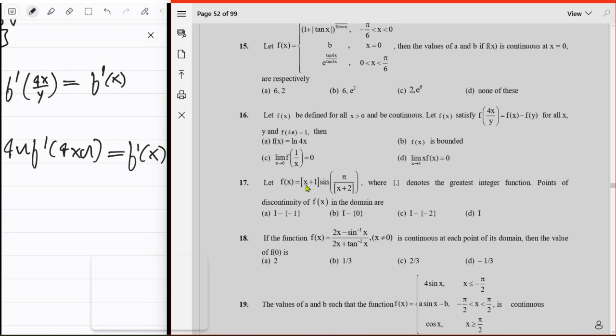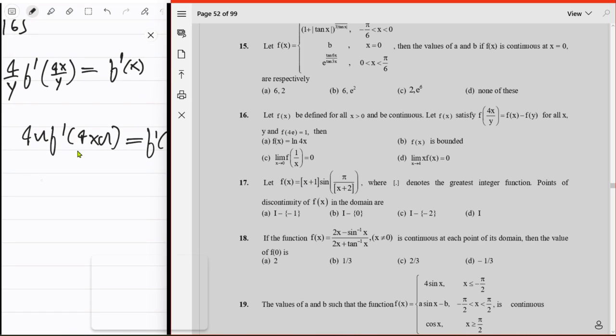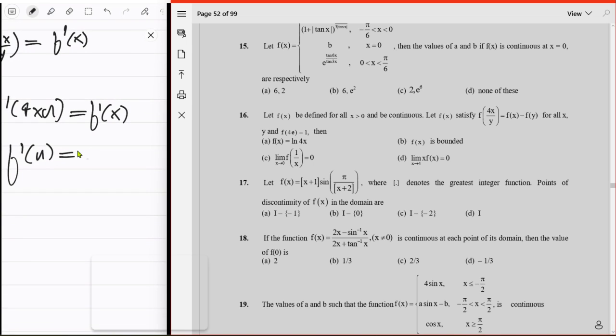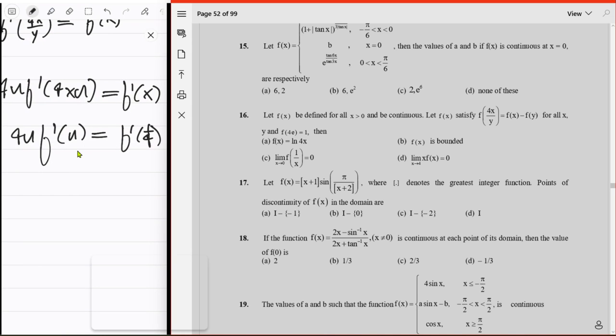But we could put x equal to 1 upon 4 in this thing. That would work. So this will just be u, and that's equal to f dash of 1 upon 4. We don't know what this thing is, but we'll figure it out. So then what do you have?